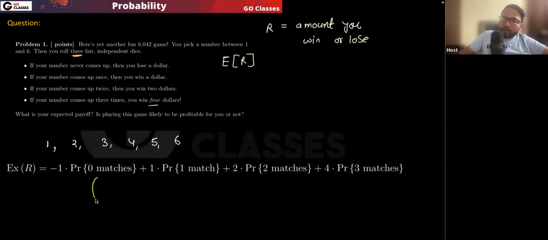So basically, you can try to understand like this: this probability you can marginalize, which means the probability of zero matches. So let me try to find out this probability separately.